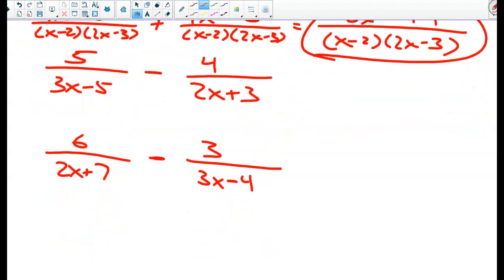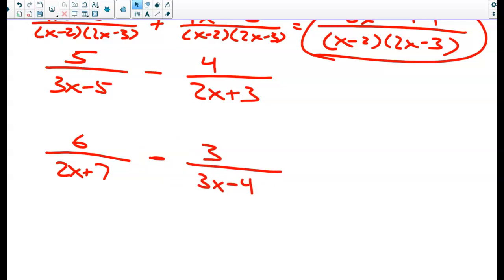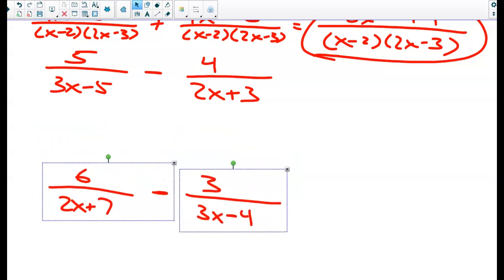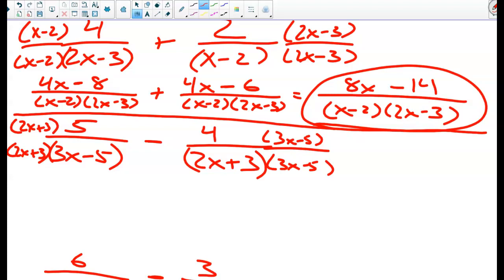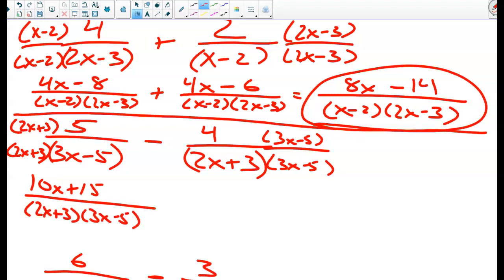Now with the subtraction, that's where I need to be a little more careful. All right, with subtraction, we begin the same way. Okay. We have to force that common denominator. Now up top, I get 10x plus 15 over 2x plus 3, 3x minus 5, minus 12x minus 20 over 2x plus 3, 3x minus 5.